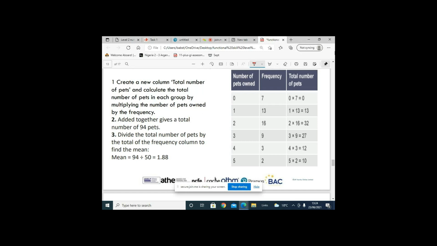You multiply the numbers by the frequency. So I multiply 0 times 7, which is 0, 1 times 13 is 13, and so on. When you multiply them, you now add these values together. When you add them together, I got 94.